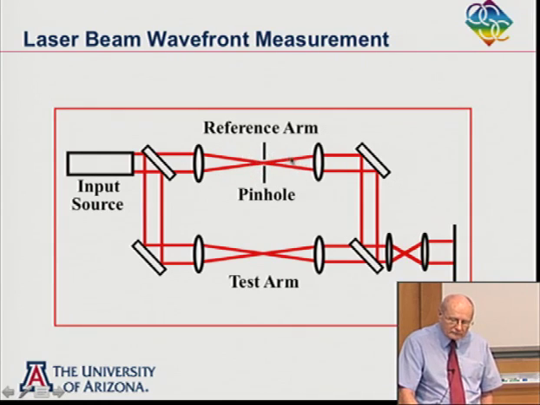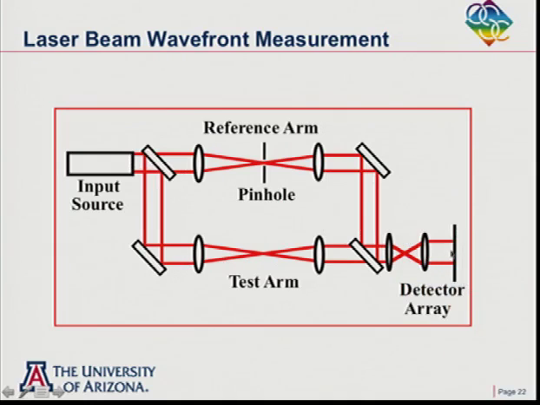And so after the pinhole, I have a nice spherical wave, and that would be collimated here. So this will be my reference, and then that will interfere with the test beam, which comes along the bottom. And so the fringes here are going to tell me the quality of the beam coming out of the source.